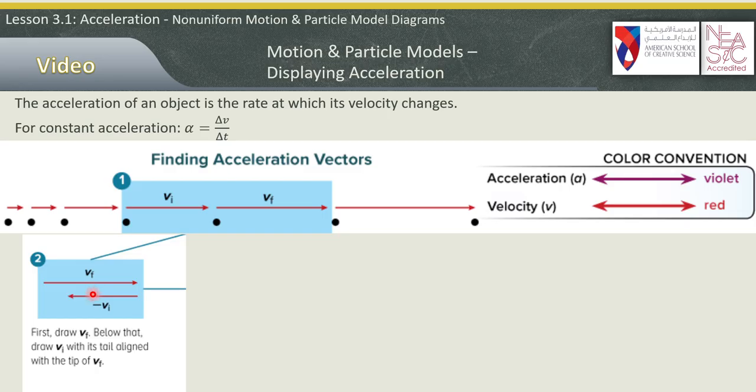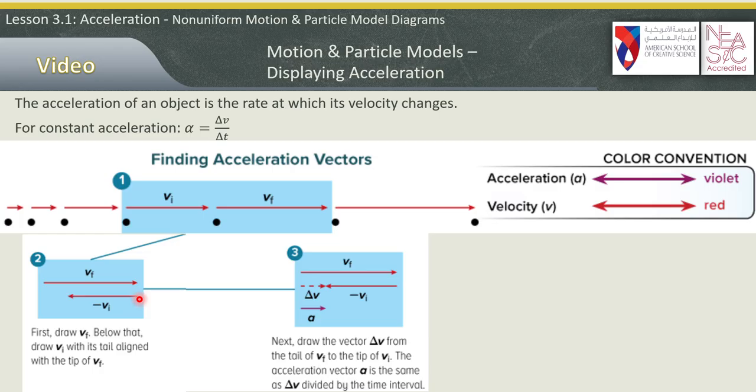Below it, you draw the initial velocity, which is Vi, with its tail aligned with the tip of Vf.